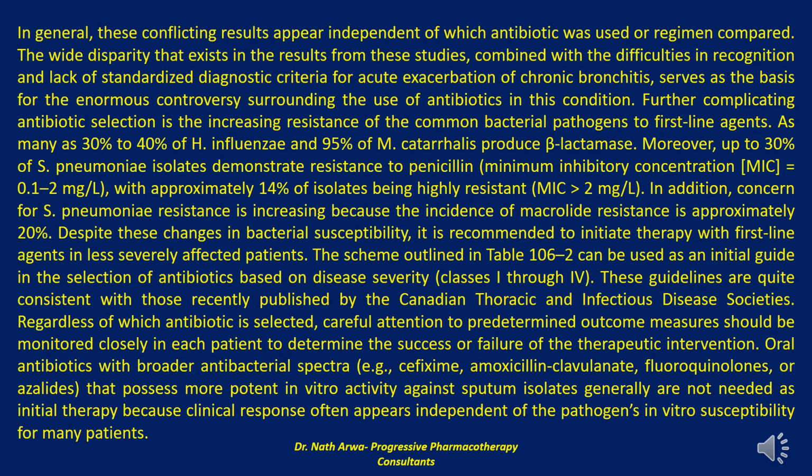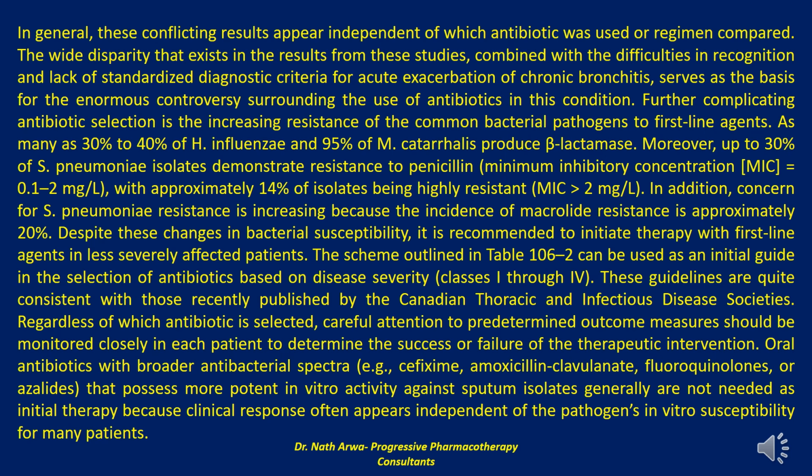Moreover, up to 30% of Streptococcus pneumoniae isolates demonstrate resistance to penicillin, minimum inhibitory concentration (MIC) equal to 0.1 to 2 mg per liter, with approximately 14% of isolates being highly resistant, that is an MIC greater than 2 mg per liter. In addition, concern for Streptococcus pneumoniae resistance is increasing because the incidence of macrolide resistance is approximately 20%.